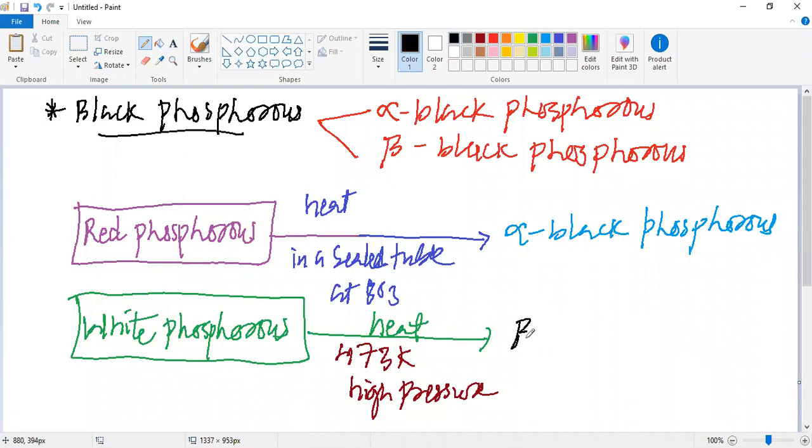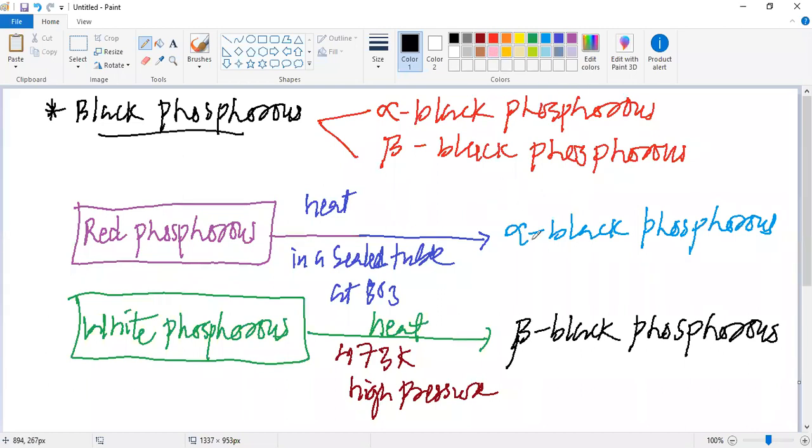So this is even the difference between the red phosphorus and white phosphorus: white phosphorus gives beta black phosphorus, whereas red phosphorus when heated gives alpha black phosphorus. This is the basic difference that we can understand about it.